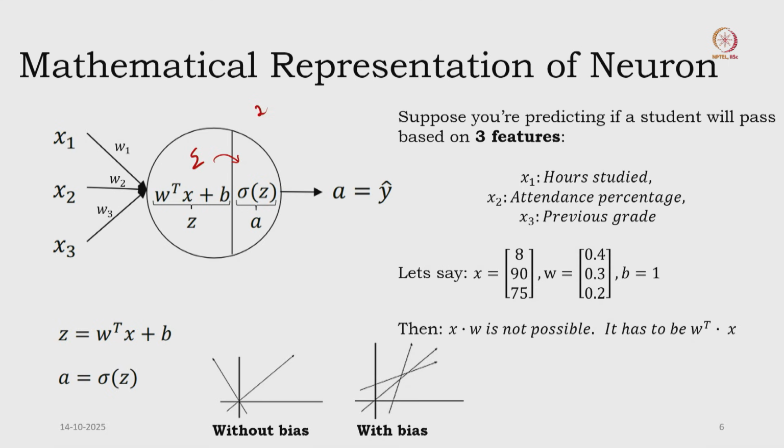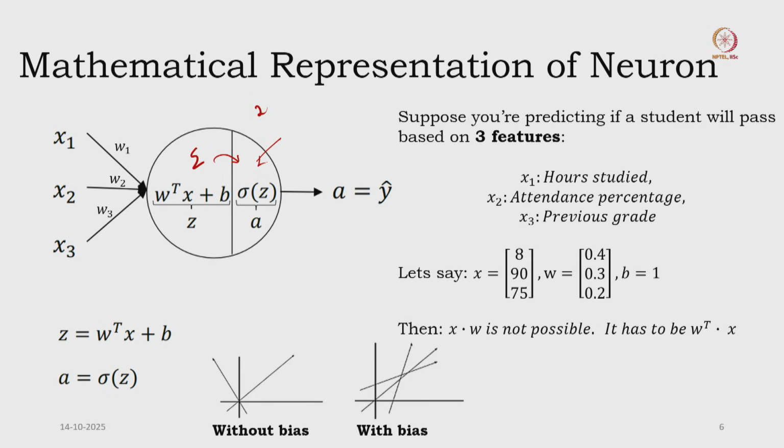Whatever result is obtained from this summation is given to an activation function. This activation function decides whether the strength of the signal is sufficient so that we can trigger a response. In a biological neural system, once the signal is strong enough, a neuron triggers a response, and that is being mimicked by the activation function concept in an artificial neuron.